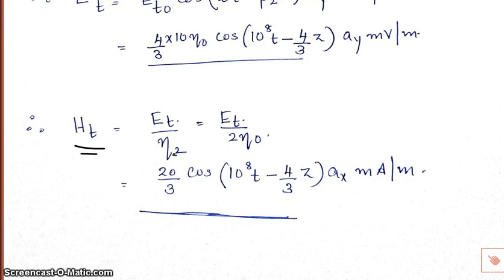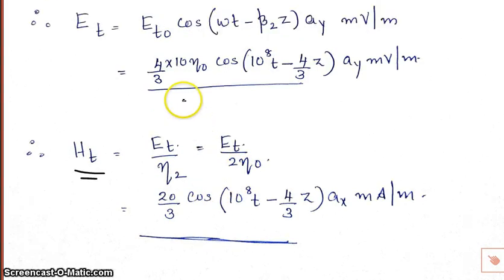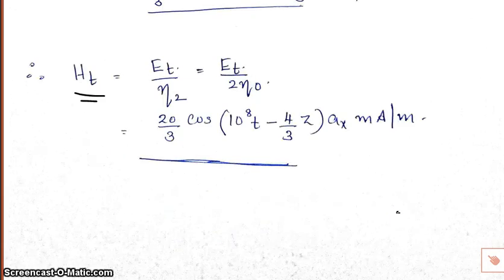Eta 2 is the intrinsic impedance of your second medium. So what is eta 2? Eta 2 is equal to 2 eta naught. So you can substitute the value here. This eta naught and eta naught will get cancelled. Then this 2 and 4. So finally you will get 20 by 3 cos(10^8 t − 4/3 z) a_x milliampere per meter. So hope it's clear, and thank you.